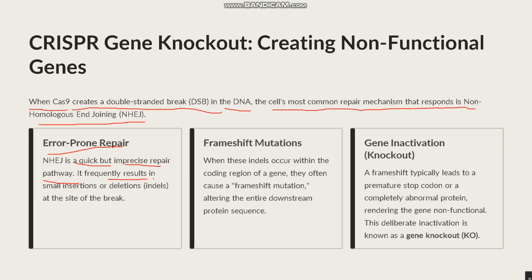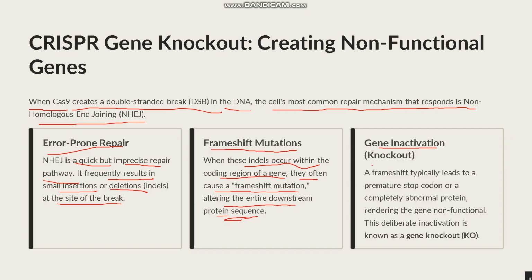It frequently results in small insertions or deletions at the site of the break, and it also causes frame shift mutations. When these indels, insertions and deletions, occur within the coding region of a gene, they often cause a frame shift mutation, altering the entire downstream protein sequence.